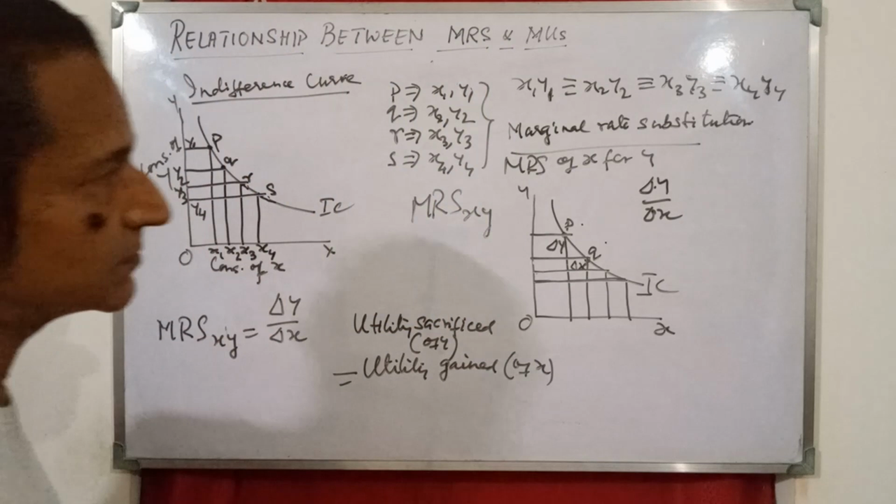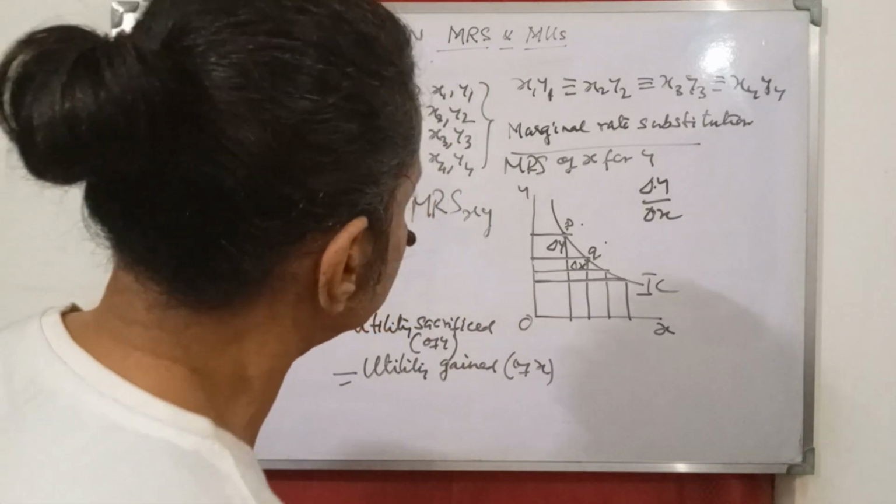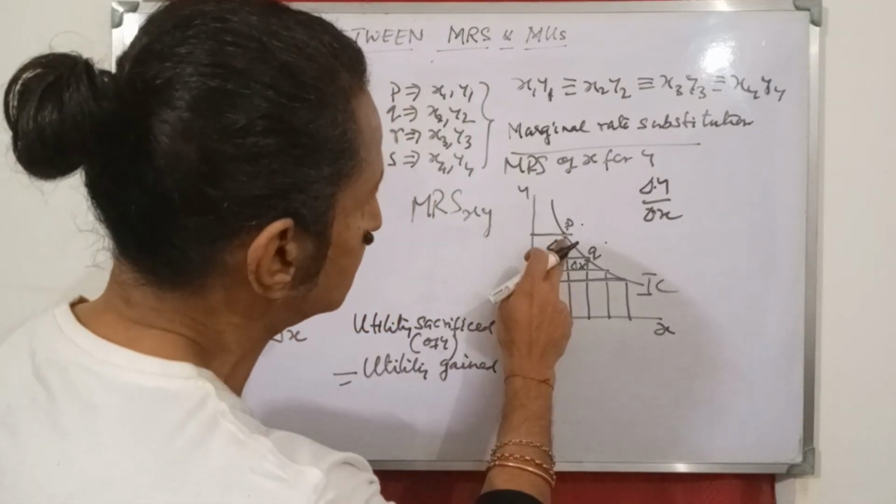Now what is the total utility that the consumer is sacrificing when the consumer is moving from P to Q?